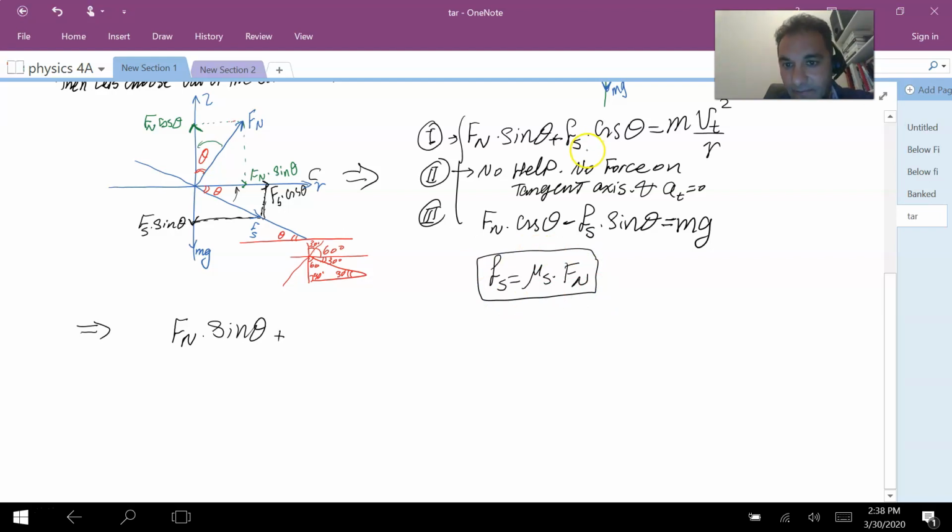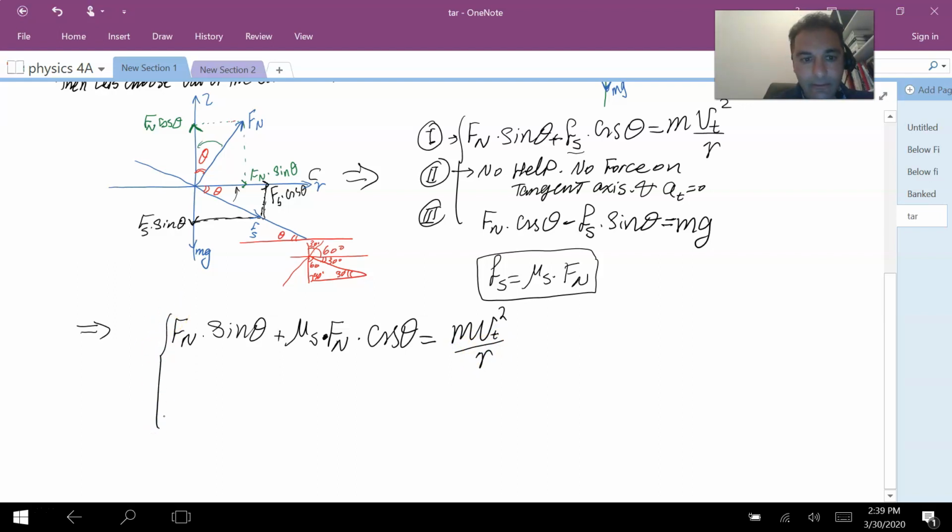So instead of Fs, I'm going to put mu s Fn, times cosine theta, equal mv squared. So this is tangent velocity divided by radius of the curve.